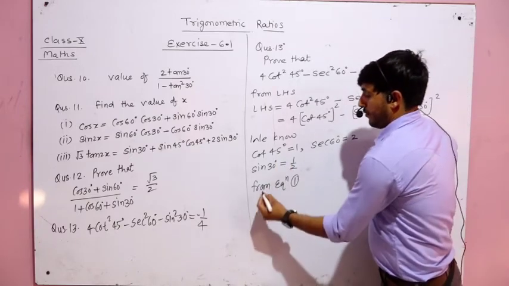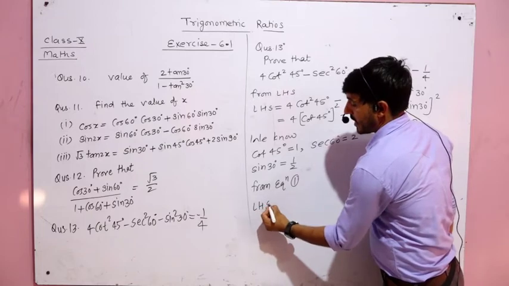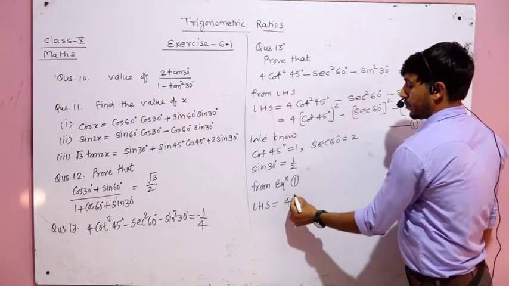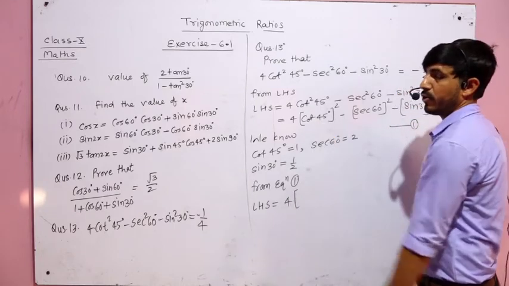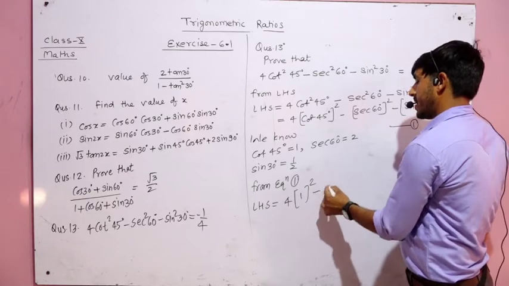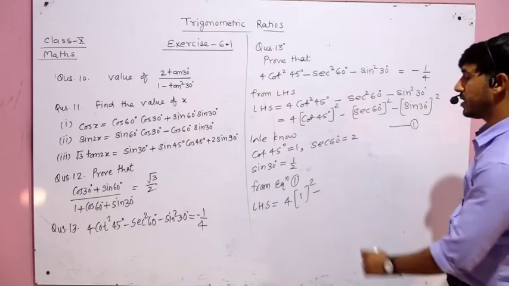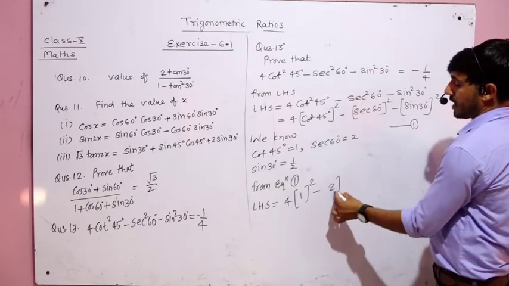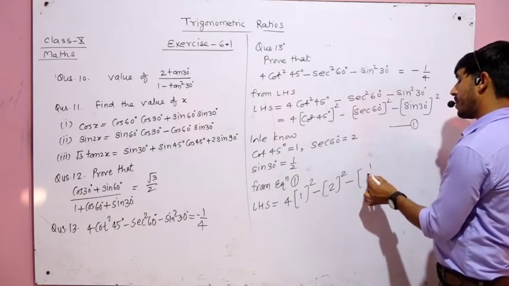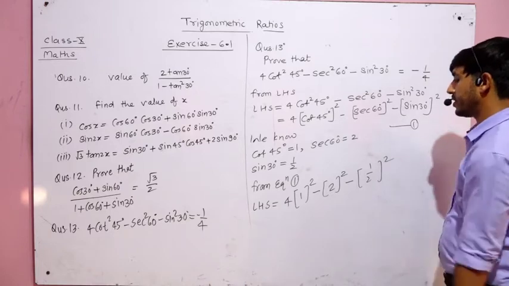We have LHS as 4 into the value of cot 45, that is 1, squared, minus the value of sec 60, that is 2, squared, minus the square of 1 by 2, the value of sin 30 degree.